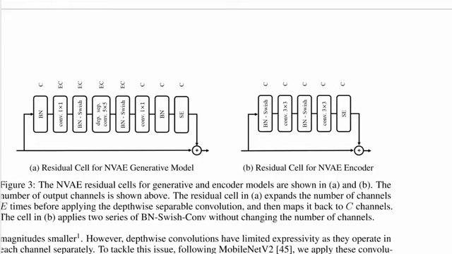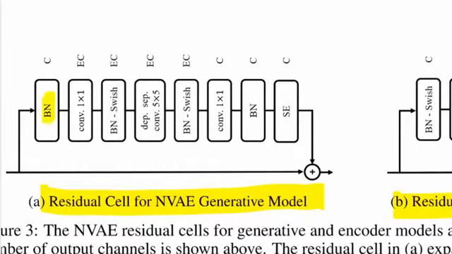You can see right here, there is a residual cell for the generative model and a residual cell for the encoder. Now, the exact method of these residual cells: you can see that they use batch norm, then they use 1-by-1 convolutions in order to go to a higher channel number before they do the depth separated 5-by-5 convolutions.